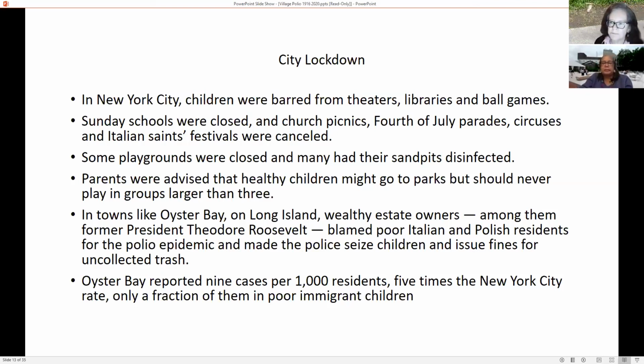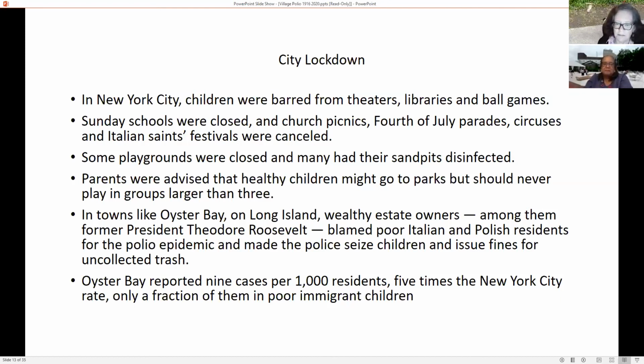There were many wealthy families outside Lower Manhattan worried that immigrants' children were bringing the polio epidemic to them, and they contacted the police to try to have them fine those children or fine their families.